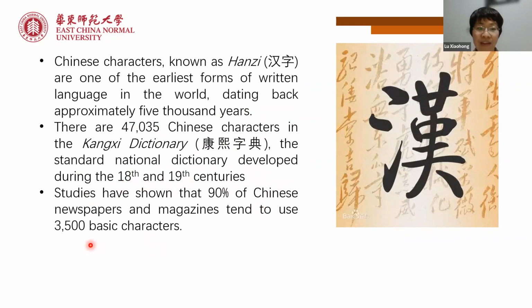But studies have shown that 90% of Chinese newspapers and magazines use only 3,500 basic Chinese characters. So although the dictionary has so many characters, we only use about 3,500 basic characters to communicate in our daily life.